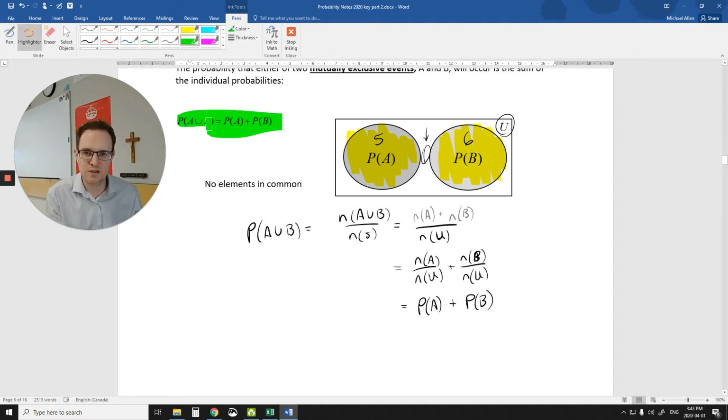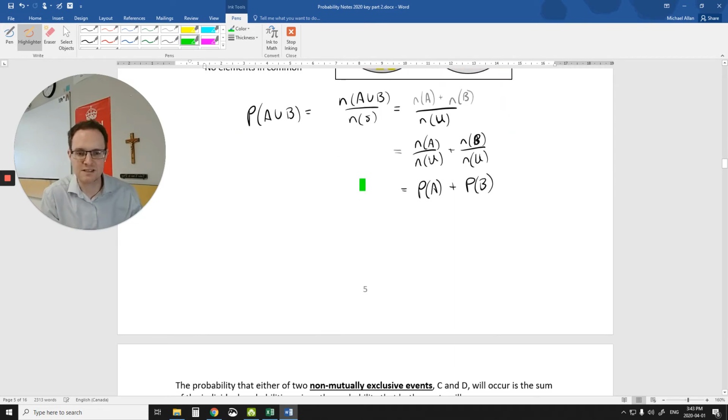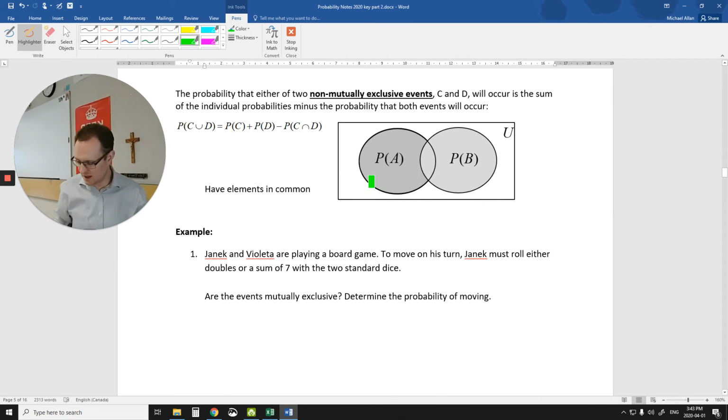If they are mutually exclusive, they have to be mutually exclusive, then the probability of that would just be the probability of A plus the probability of B. You'll see some examples of that in a bit. Now, if they're not mutually exclusive, like this little Venn diagram here, in this Venn diagram, there's a piece of overlap here, right? So we're overlapping here, so there's something in common.